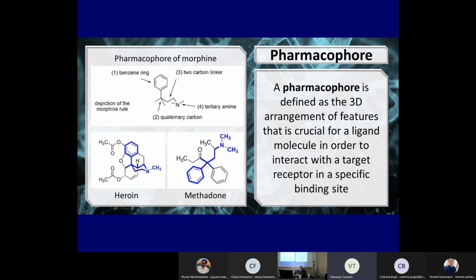They simplified the chemical structure of heroin and they synthesized methadone. Methadone is less complex, its synthesis in the lab is easy. The chemical synthesis is very easy. And methadone has the same potency of morphine, and also the same side effects, of course.